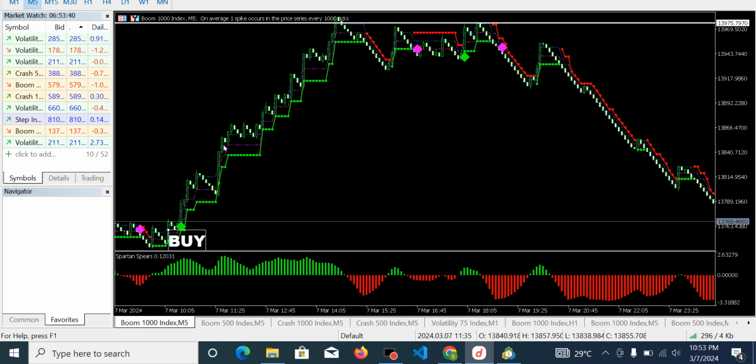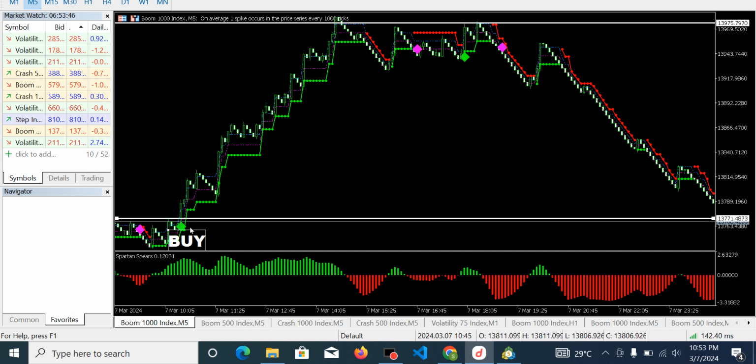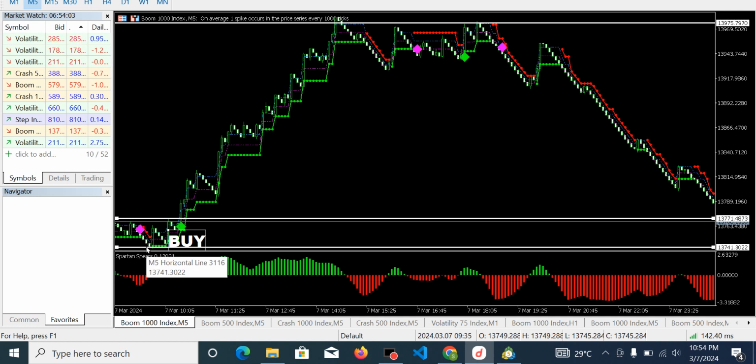You can imagine if we had been in the market, let's say we decide to place an order somewhere here after this buy order popped out. You can see this is how we'll be in the market till the end of the trend. All you need to do is have a stop loss at the last part of the support zone, in case the market changes its direction.